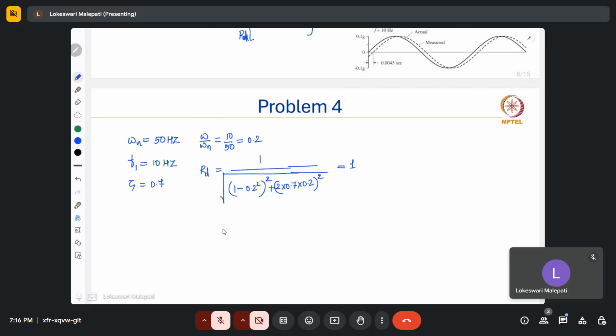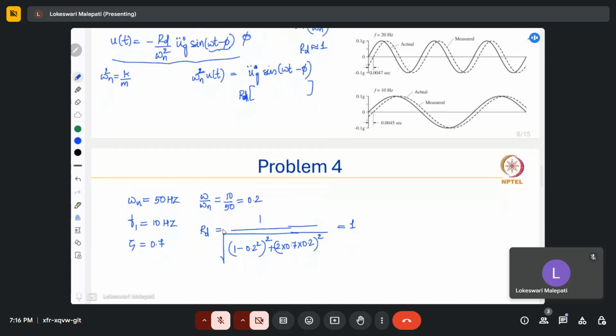Yes, RD is very close to 1. So that means whatever is measured, let's call it UG measured double dot, is equal to RD times the actual value. Let's call this UG. So that means this is very close to 1.